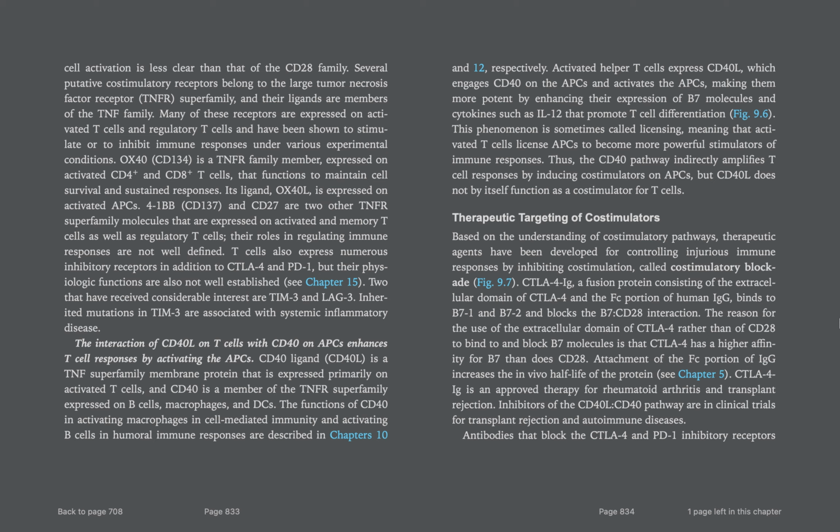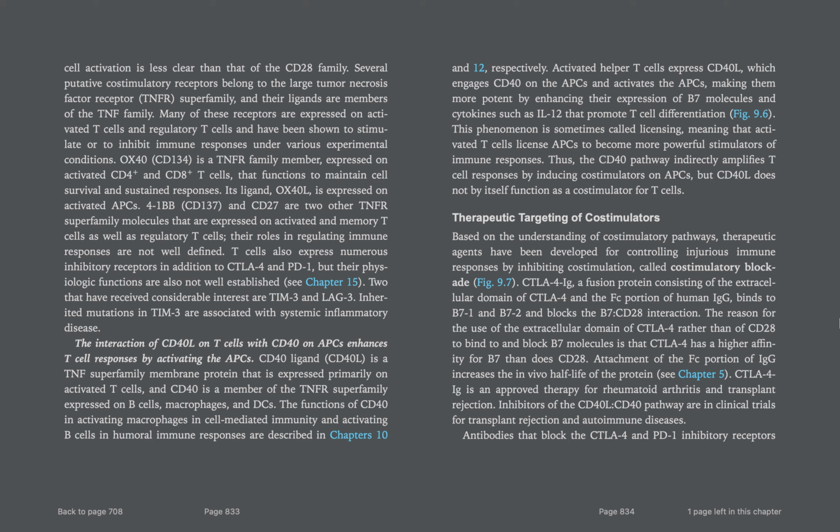The reason for the use of the extracellular domain of CTLA4 rather than CD28 to bind to and block the B7 molecules is that CTLA4 has higher affinity for B7 than does CD28. Attachment of the Fc portion of IgG increases the in vivo half-life of the protein. CTLA4-Ig is an approved therapy for rheumatoid arthritis and transplant rejection.